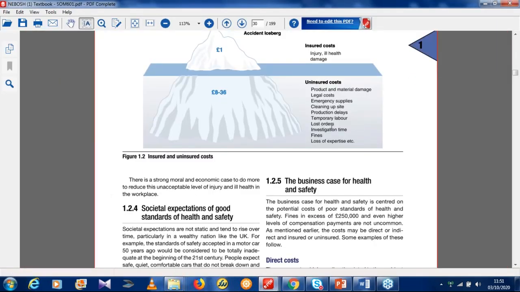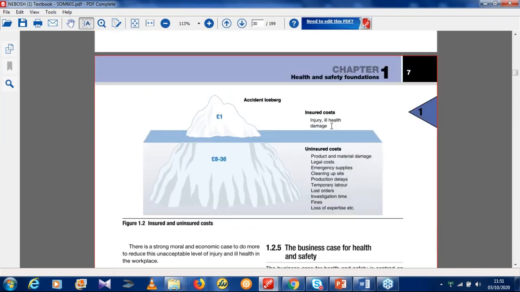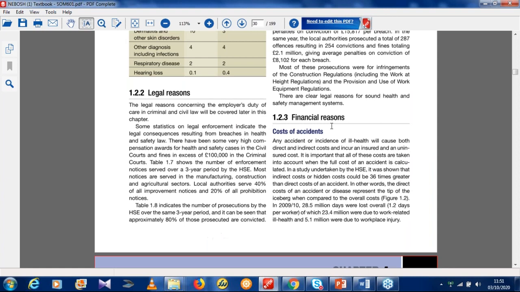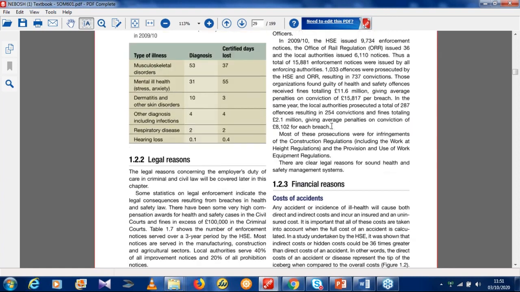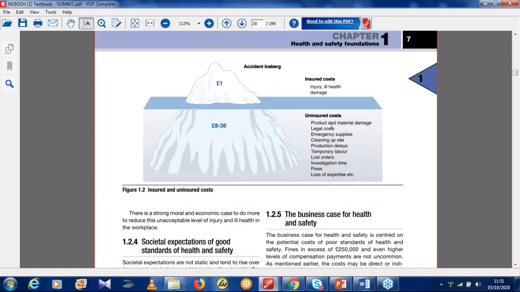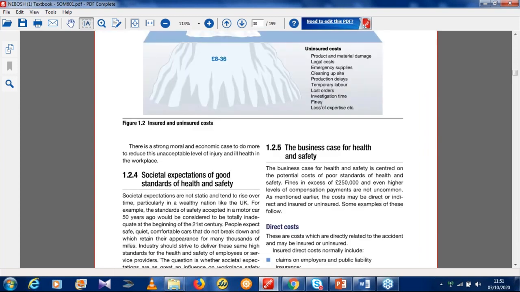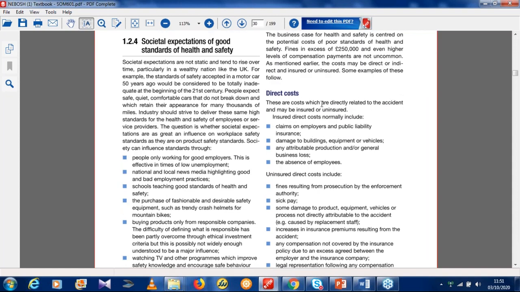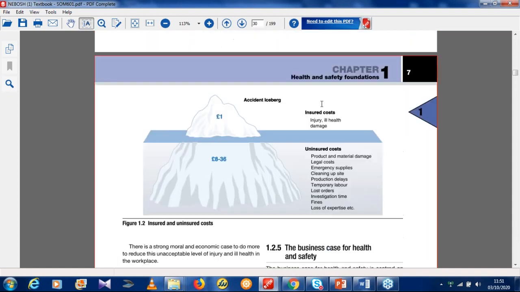Good. So look at it. When we're talking about direct and indirect costs, or insured and uninsured costs. Now, before I explain insured and uninsured costs, let me first explain the direct and indirect costs. All right.